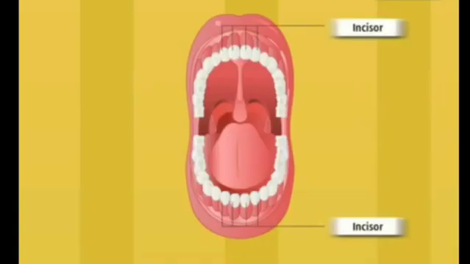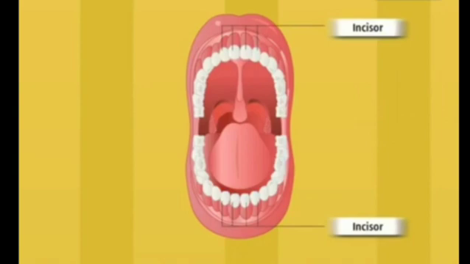Now students, as you can see in this picture, there are 4 arrows in the upper jaw and 4 arrows in the lower jaw. Now these 4 arrows are showing us those teeth which are incisors. So in the upper jaw, these 4 teeth are known as incisors, and we call them cutting teeth also.